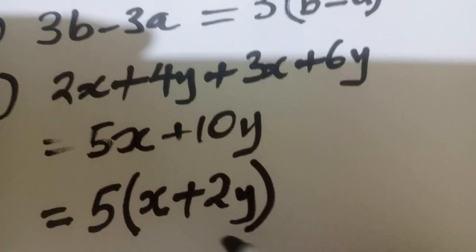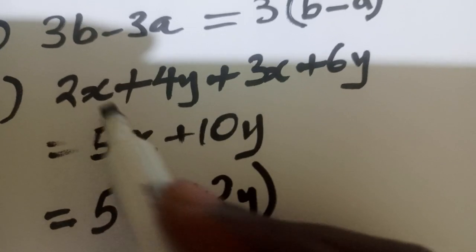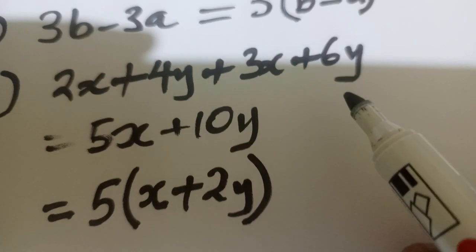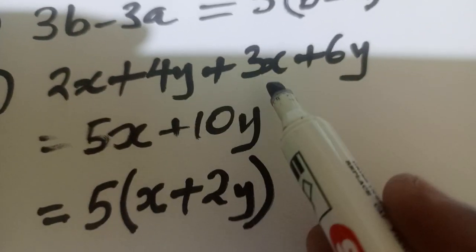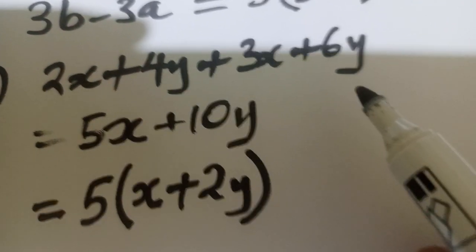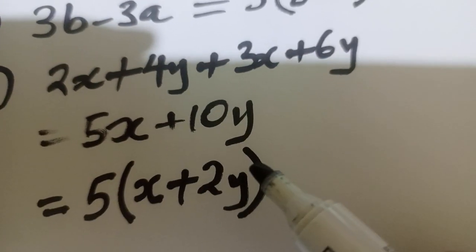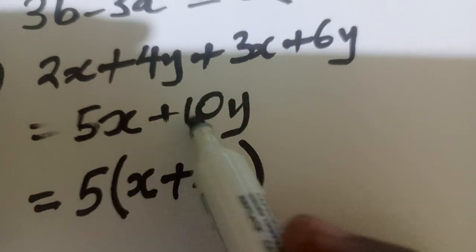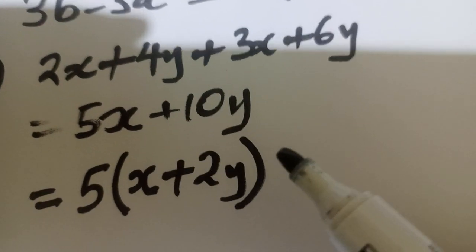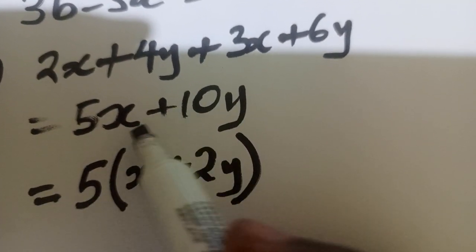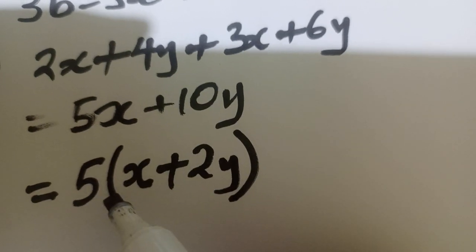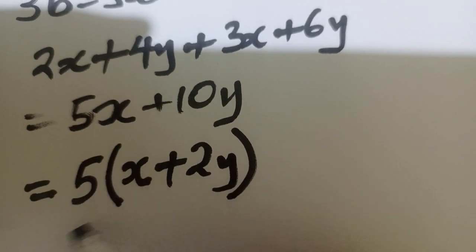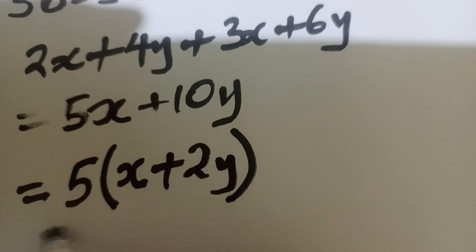Very important to note that before you conclude that you can't factorize, like in this case, find out whether they are like terms, consolidate them or put them together. Then after that, like we have done here, you ask whether there is a common factor, and you have seen, like in this case, there's a common factor, and therefore the factorized form will be as what we have here.